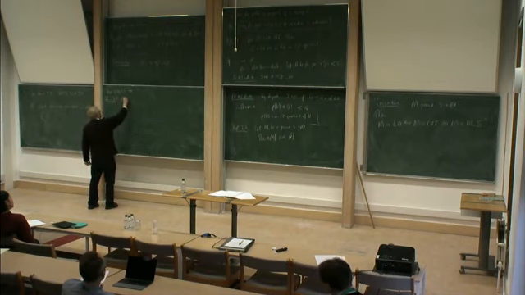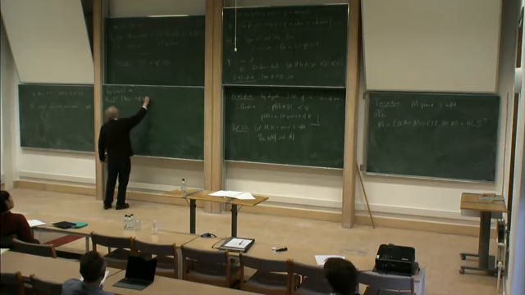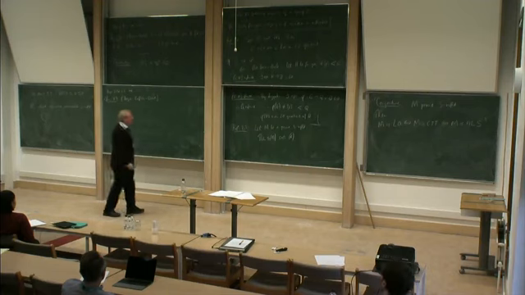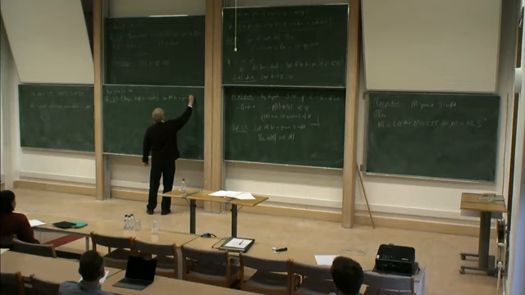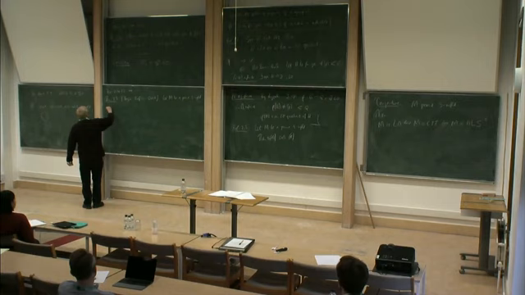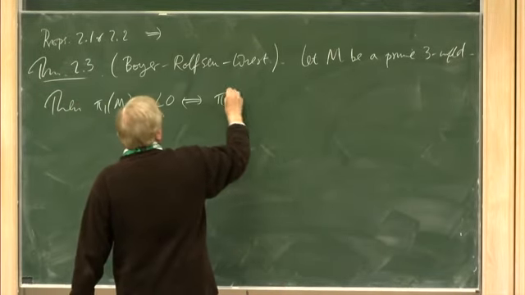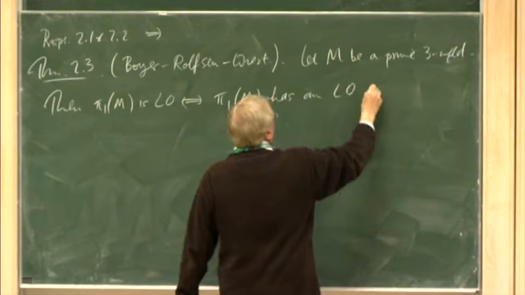So this is a theorem of Boyer, Rolfsen, and Wiest. Just an immediate consequence: then pi 1 of M is left orderable if and only if pi 1 of M has a left orderable quotient.